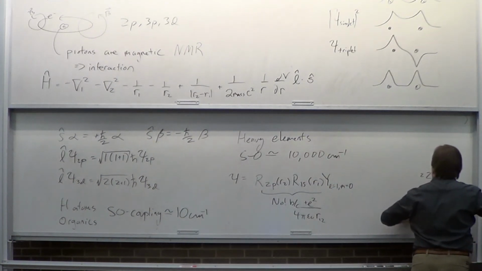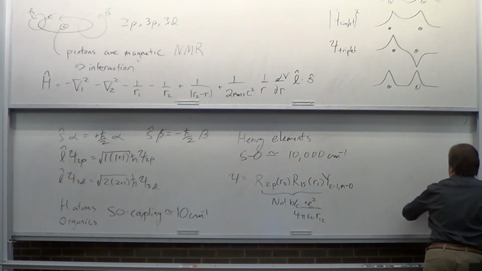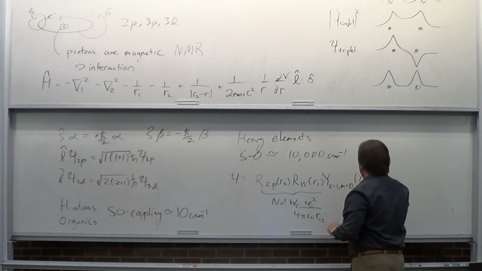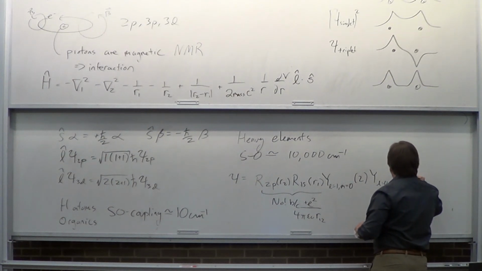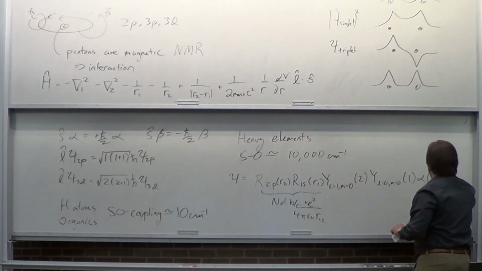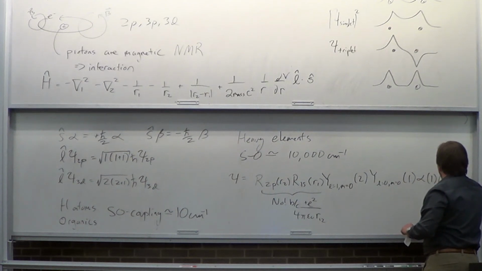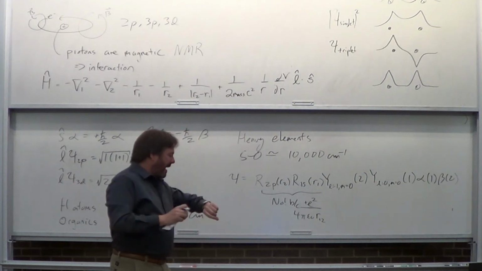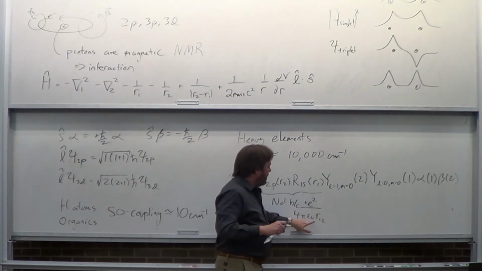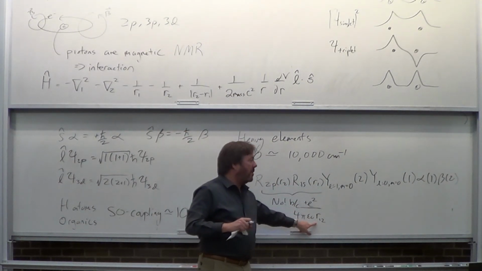I have to make the second electron a p state. I'll make the first one an S state, and I'll make one of them alpha and the other one beta. Sorry about that. Okay. Now again, I can't emphasize enough, you can't do this because you have a non-separable Hamiltonian.